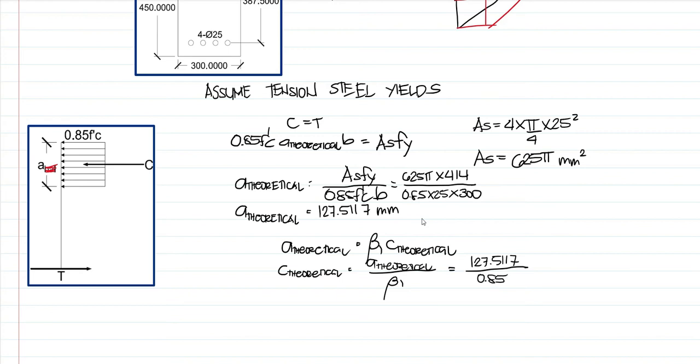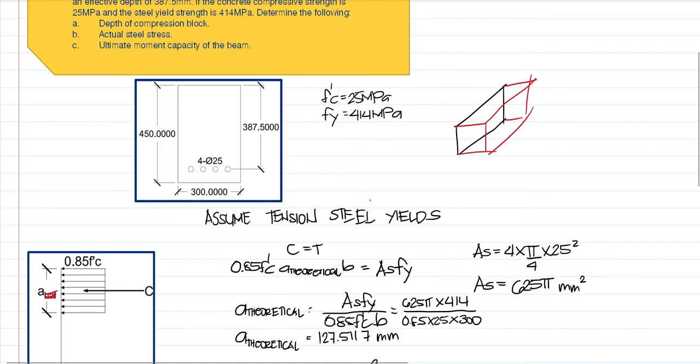So, 0.85 yung ginamit kong beta 1 kasi yung F prime c natin is 25 megapascals. So, our F prime c is in the bracket na that is greater than 17 but it is less than 28. So, ibig sabihin, pag ganito yung condition, our beta 1 is equal to 0.85.